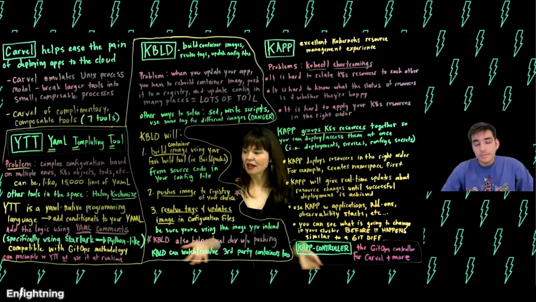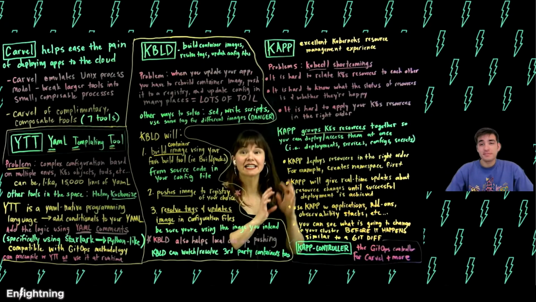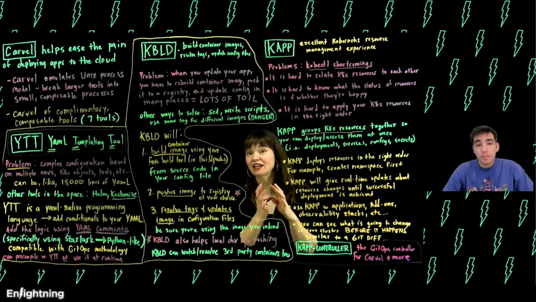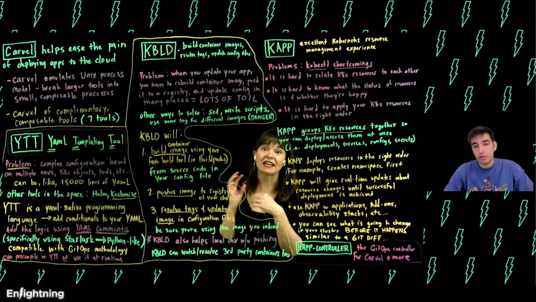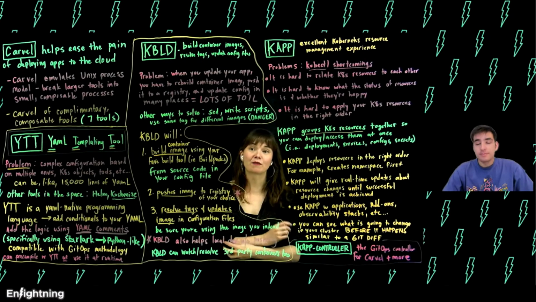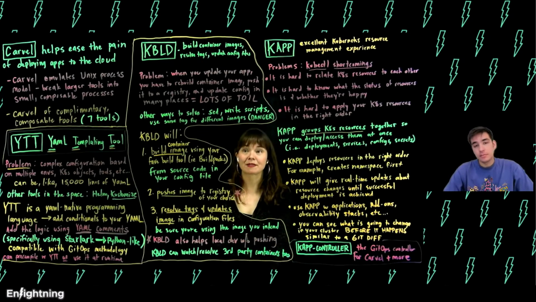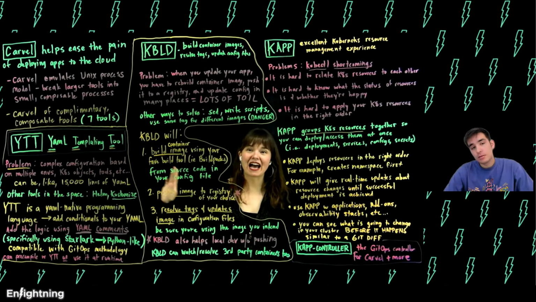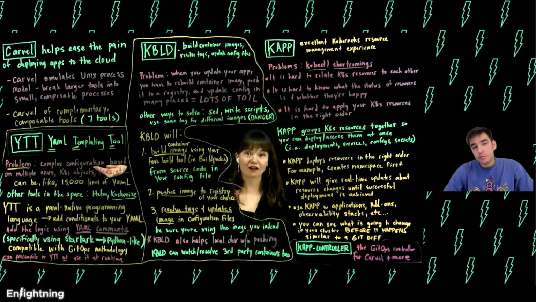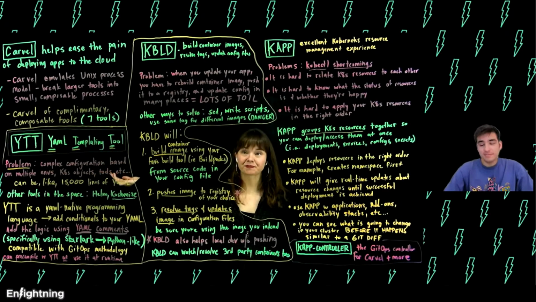You can either use ytt to pre-compile and store that in your Git, or store the logic in your Git and have it run at runtime. Either way works, but definitely compatible with GitOps. So with ytt, the big thing is you can add conditionals and logic into your YAML files. That's the bottom line with ytt.